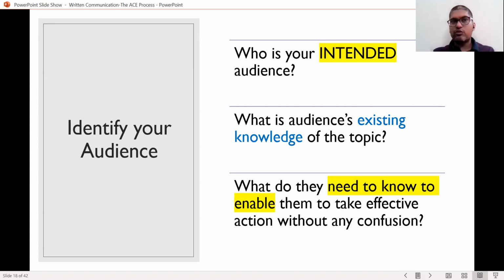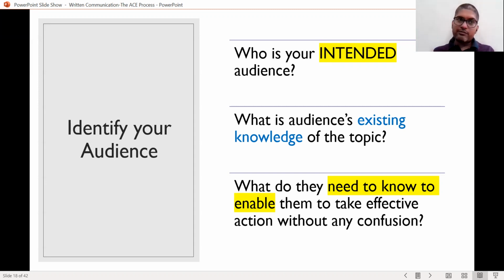A person with an engineering degree may be reading the document, but there could be a person who has not even completed high school reading it. So what is their existing knowledge of the topic, and what is it that they need to know, which you will make possible through this document, to enable them to take an effective decision without any confusion.